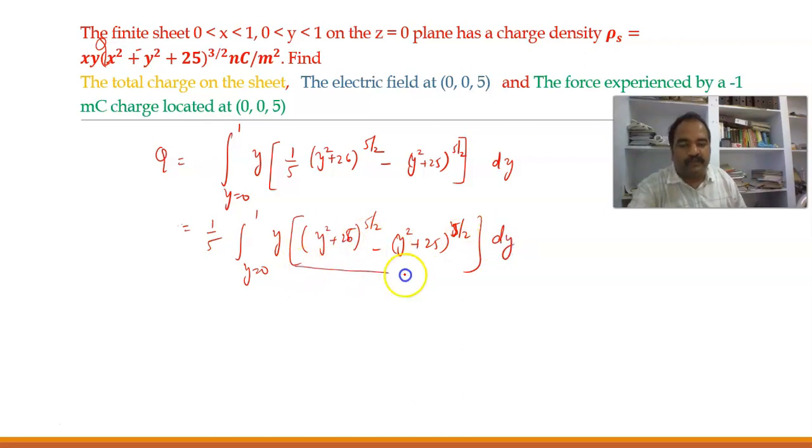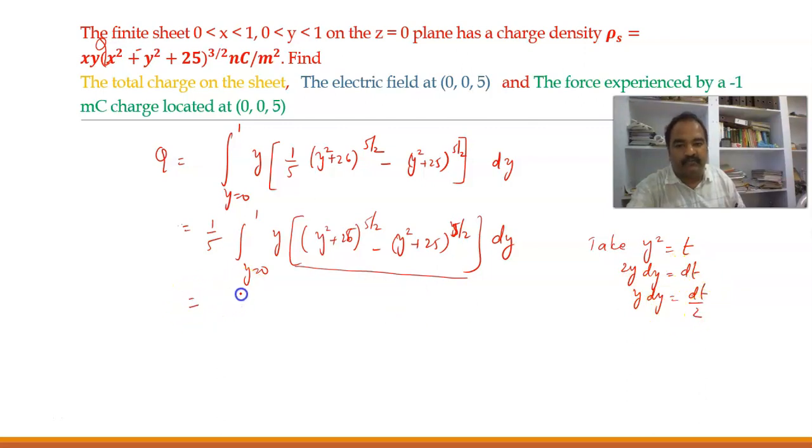Again I'll take y square as t. So 2y dy is equal to dt, so y dy is equal to dt by 2. Again I'll do the same as we did in the previous slide.